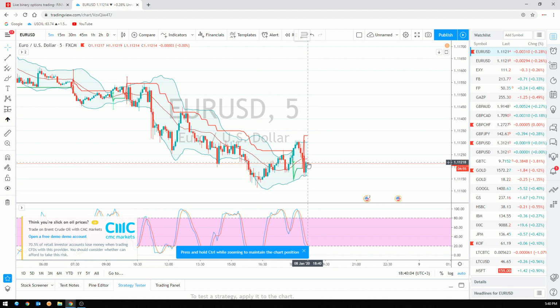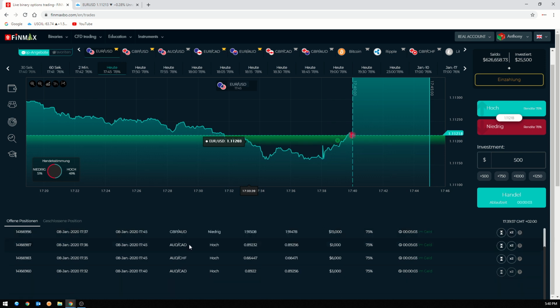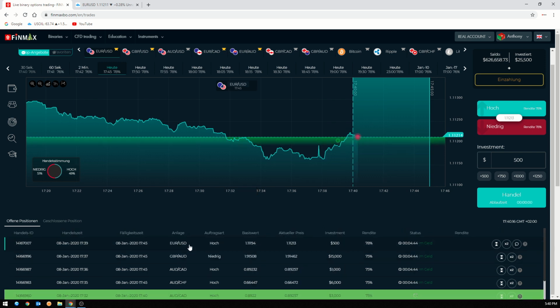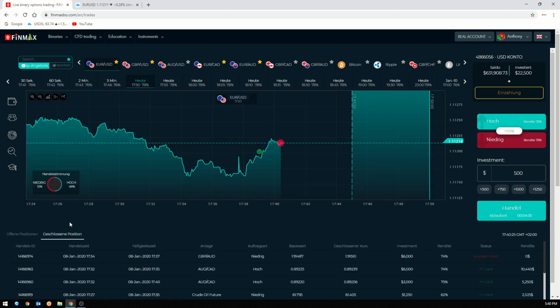Also we see that the new candle starts, so what is going to be? Okay, the trade for 6,000 was in the profit.